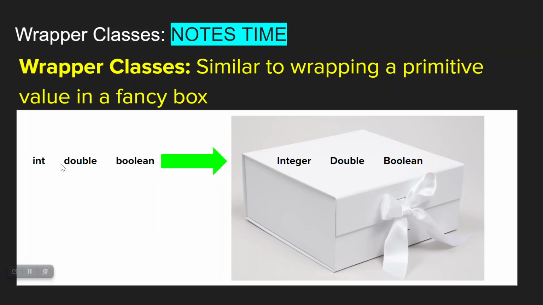If we wrap them in a fancy box, we now refer to them with capital letters: Integer, Double, Boolean. It's a little more fancy and formal, I guess. That's one way to think about the wrapper class.